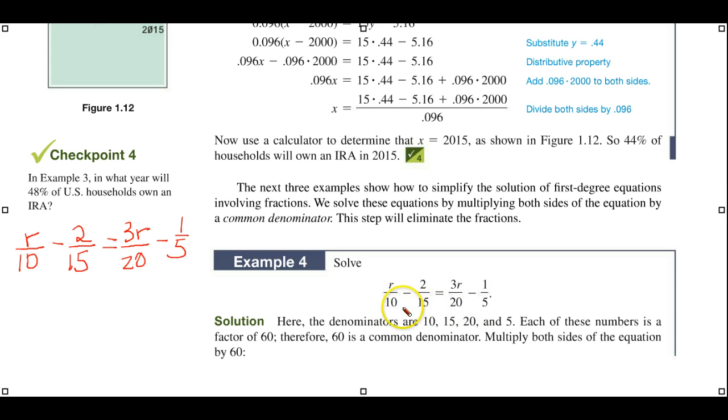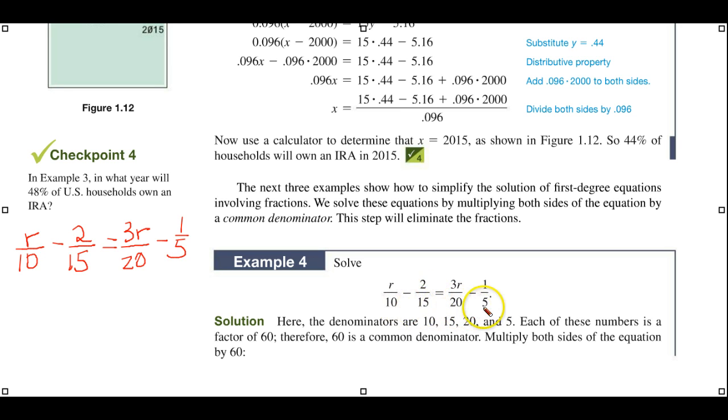Now, if you were going to add these up, you'd have to make all of these equivalent fractions, and the denominators would all have to be the same. Well, what would we have to multiply? Well, what would be our common denominator first? Well, we have a 10, a 5, a 15, and a 20.